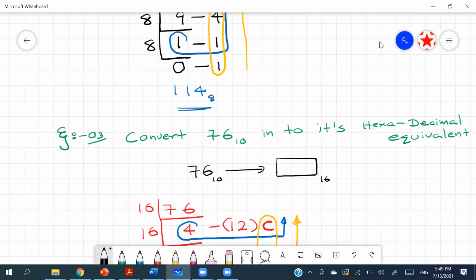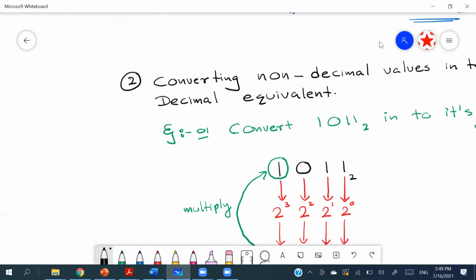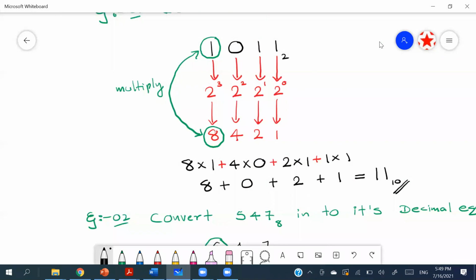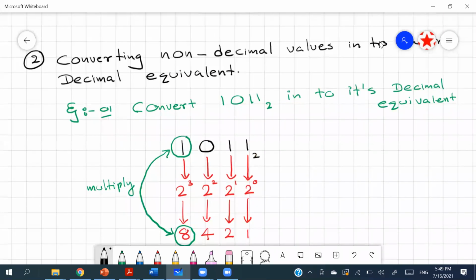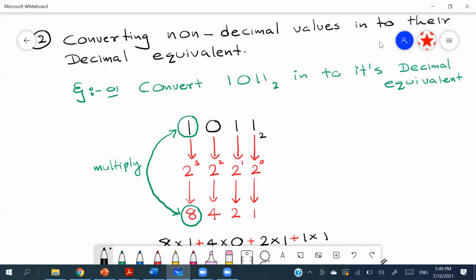So later we talked about how to convert a non-decimal value into a decimal value. We discussed that when we are doing that conversion, we need the place values of the particular number, right? So if you are given a value, that value contains characters, right?